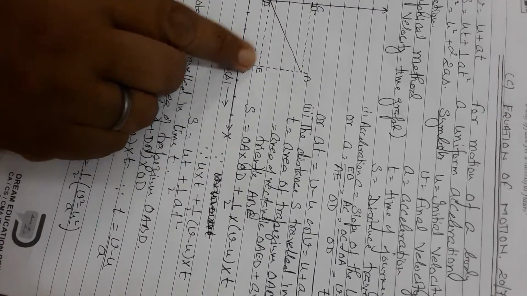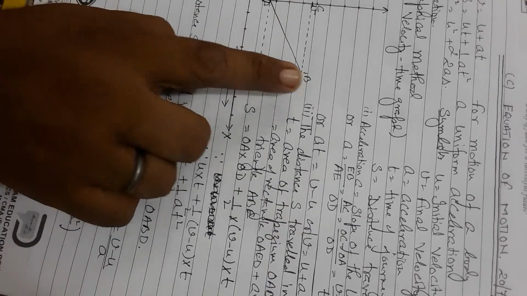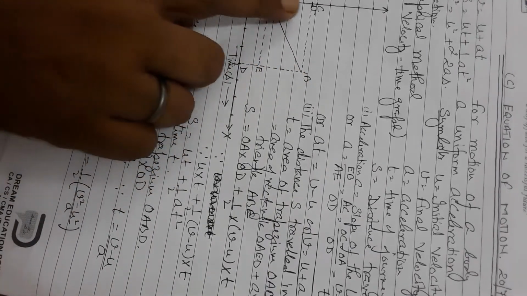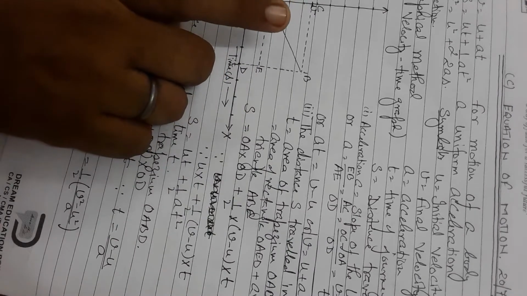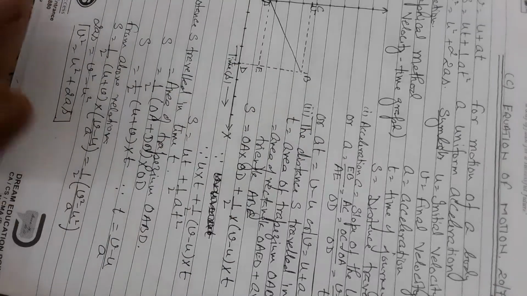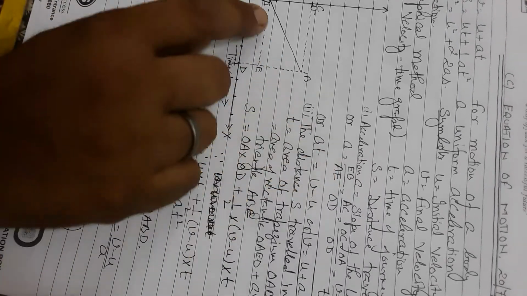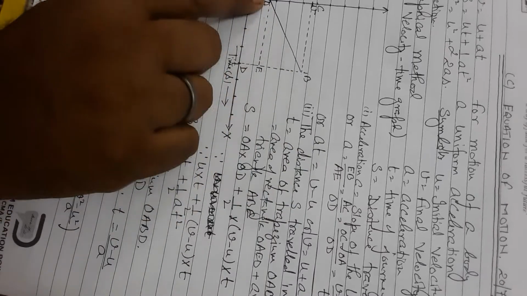AC is parallel to the base and BD is parallel to AC, the same distance. Clear? So we can replace it wherever required. First part, acceleration is the slope of line AB.